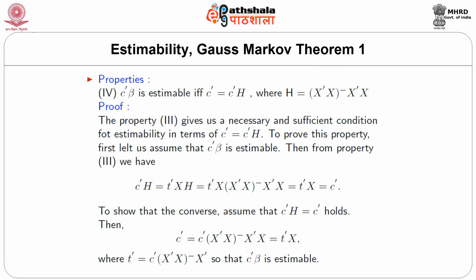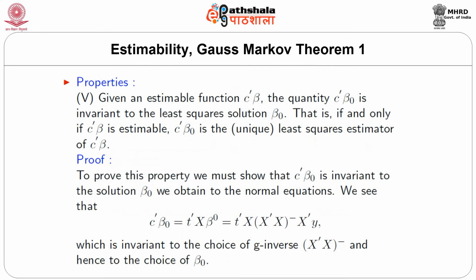Thus we get that C prime beta is estimable. Look at the proof once again carefully, because here we have used certain properties of G inverses that we will get from our second tutorial on linear algebra.